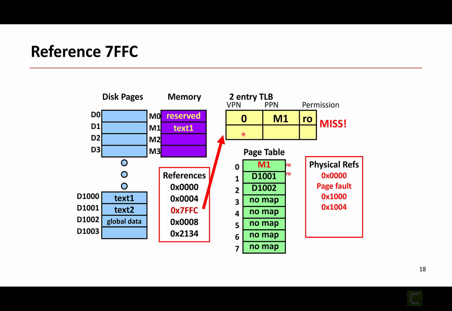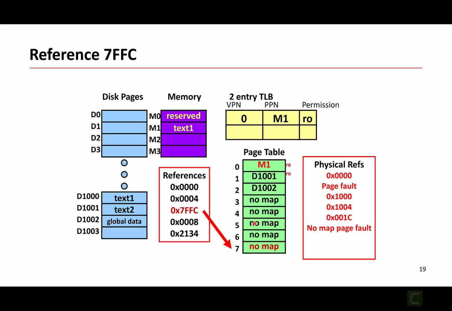In this case, it's going to be slightly different from how we handled the first one, because if you look at the page table entry for the virtual page number 7, there is no map. Unlike the first TLB miss, where we did have a pointer to the disk, meaning the data existed before, even though it was a page fault, the data existed on the disk.